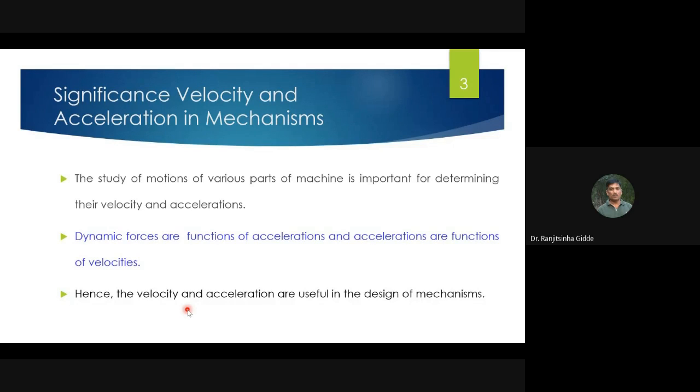Now for designing, we should know what is the velocity at the joint between the crank and the connecting rod, so that we can determine the acceleration as well as the force which will come on the connecting rod. Hence velocity and acceleration are useful in designing the mechanisms.